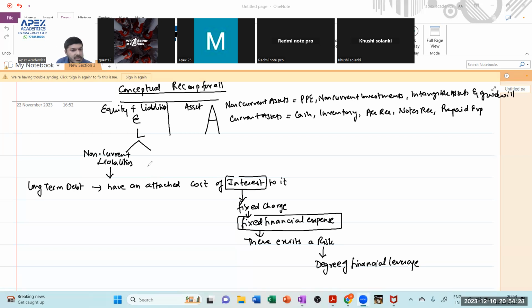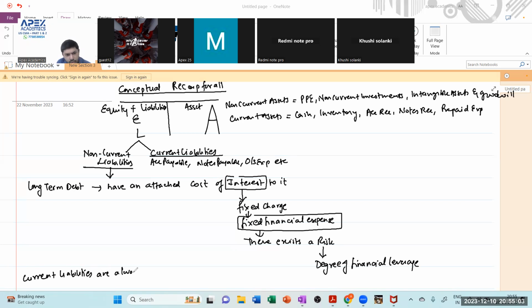Now, let's go to liabilities. One is non-current liabilities. Yes, provision comes under current liabilities, don't worry about it. Then comes your current liabilities. What are your current liabilities? Accounts payable, notes payable, outstanding expenses, etc. Please understand that your current liabilities are always assumed to be operational in nature.